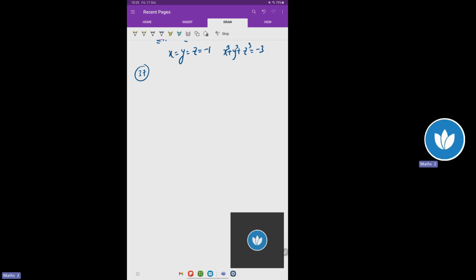Now let's move to next question, question number 37. We have to find out sine inverse of cot of sine inverse (√2 minus √3 by 4) plus cos inverse (√3 by 2) plus sec inverse √2.